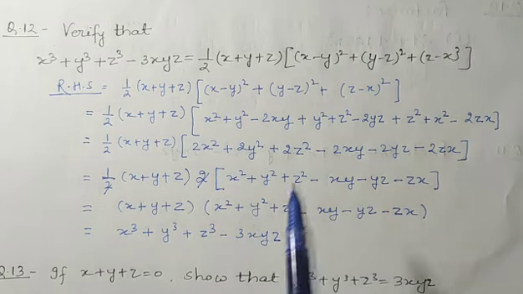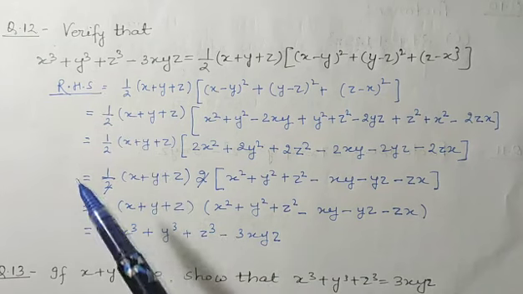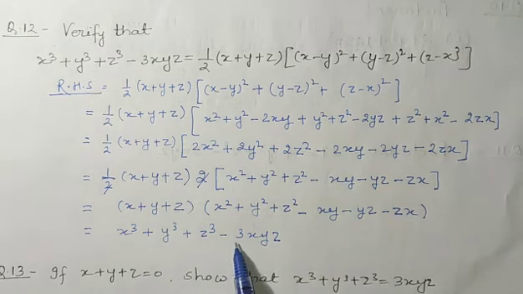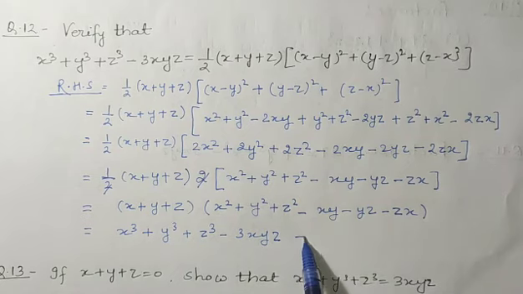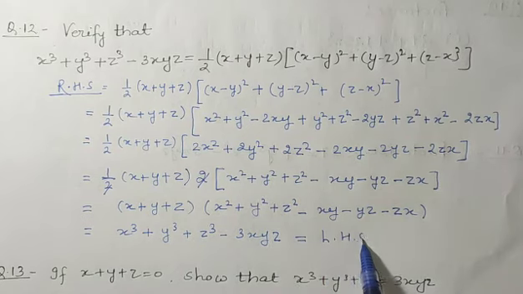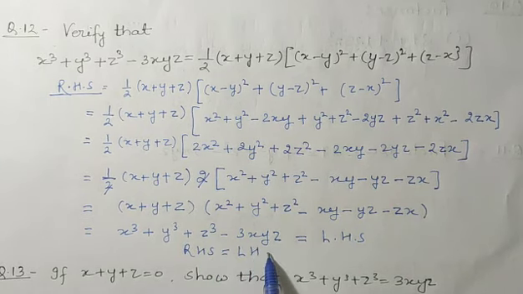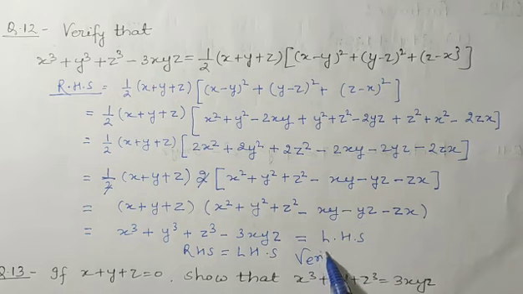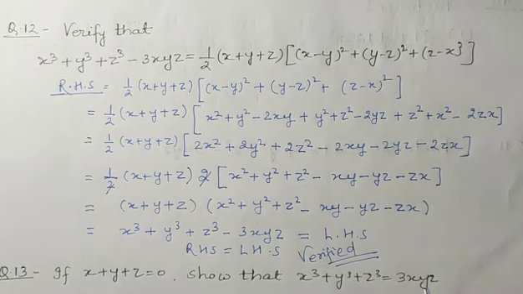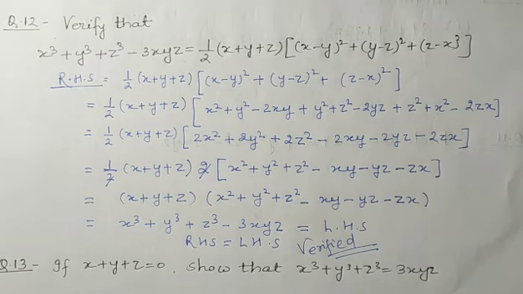See students, we have solved the right hand side, and now the step we have got here, this is equal to what? Left hand side. So here RHS is equal to LHS, means it will be what? Verified. Okay students, so what we have done here, we have solved the right hand side and we got left hand side. So left hand side is equal to right hand side, means we have verified.